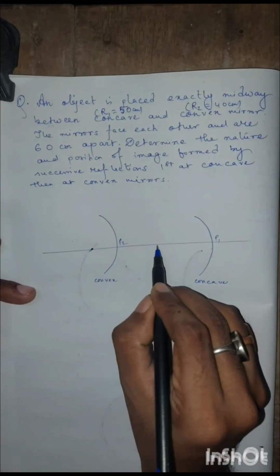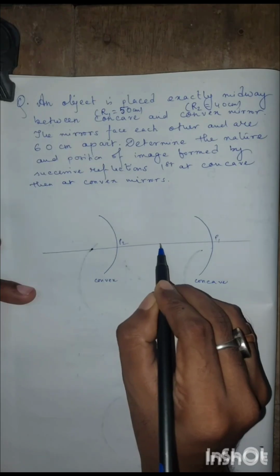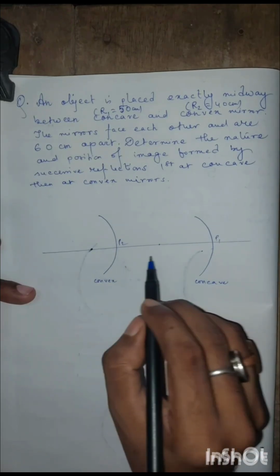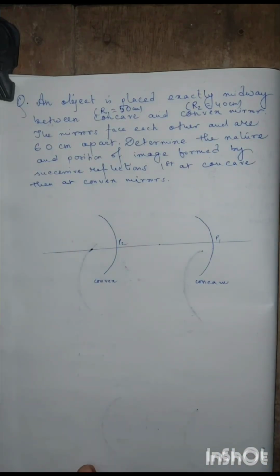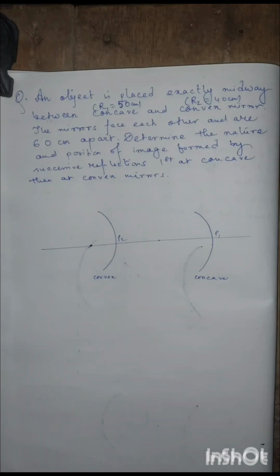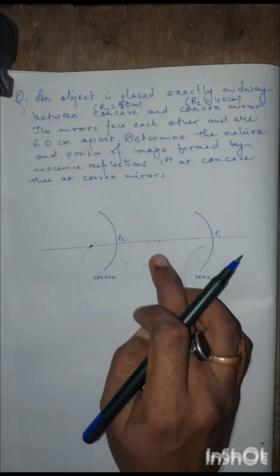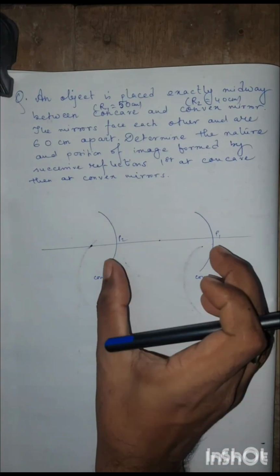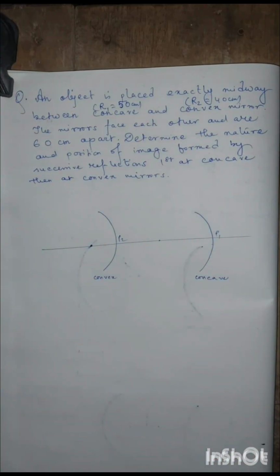The object is placed somewhere in between these two mirrors, exactly at the midpoint of the line joining these two mirrors.